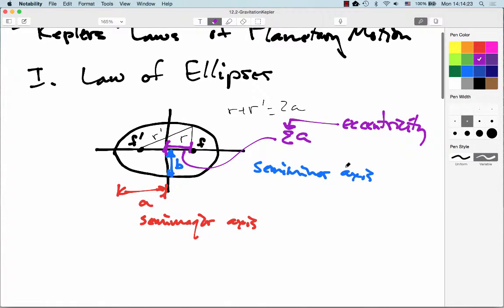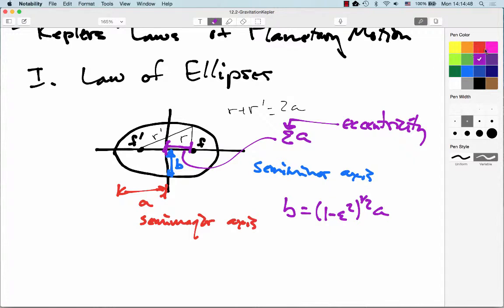And you can find the eccentricity through the ratio of the semi-minor to the semi-major axes. You can write that the semi-minor axis is equal to (1 minus the eccentricity squared) to the 1/2 times the semi-major axis.